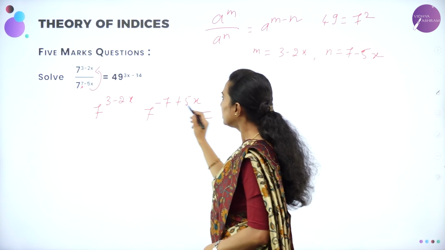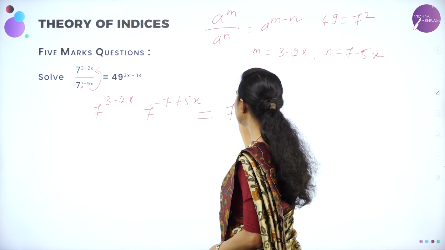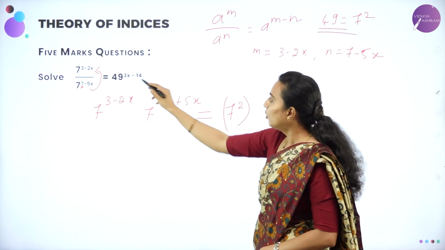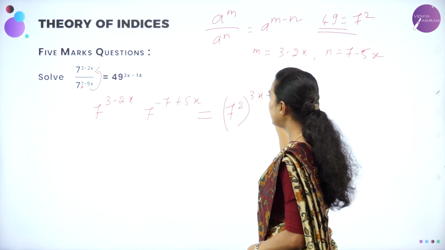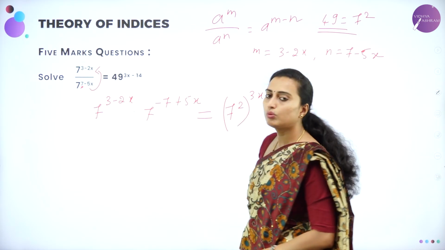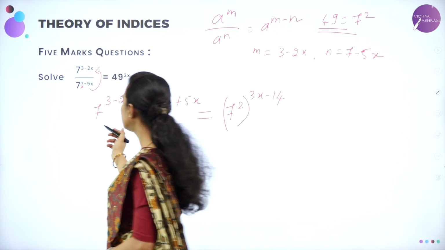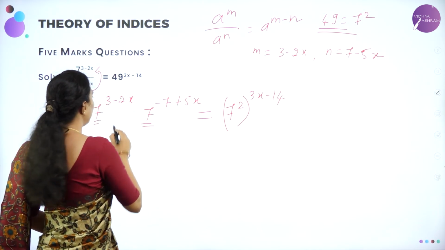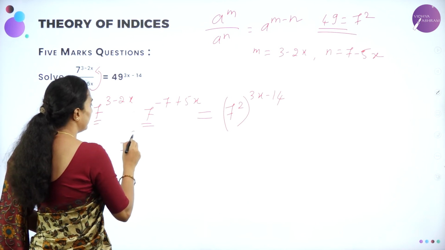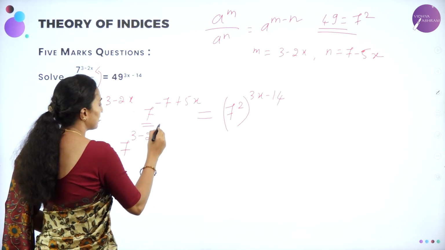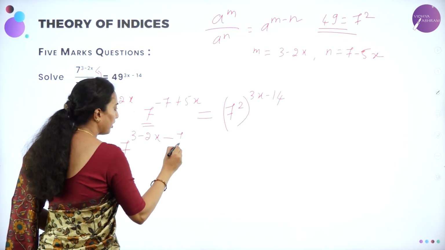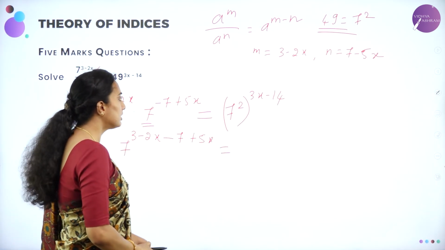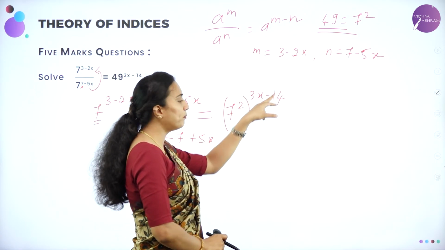This is equal to 7 squared whole power 3x minus 14, because 49 is 7 squared. So what will it be? Again, the bases are the same, so I can add the powers: 7 power 3 minus 2x minus 7 plus 5x is equal to, doesn't it look like a power m whole power n?